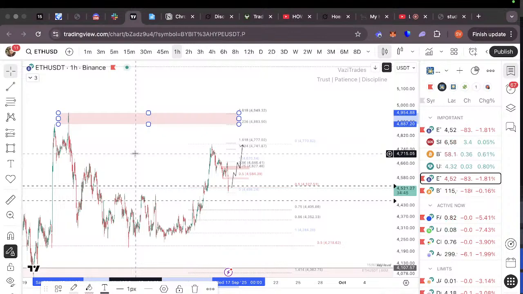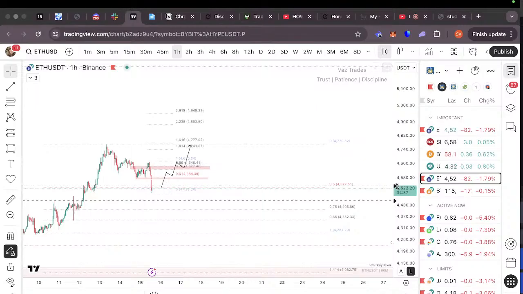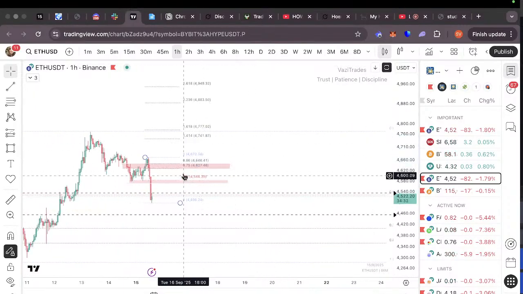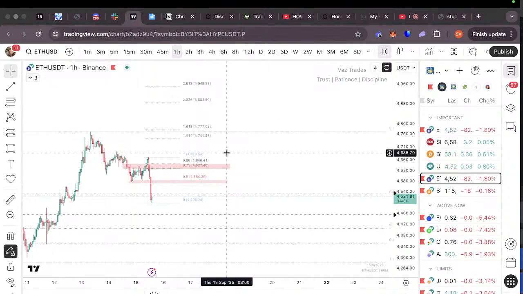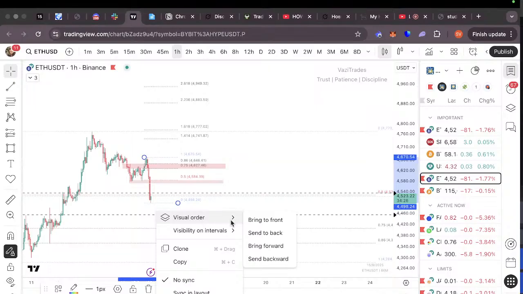It's around 4,883, 4,949. This can be the next strong resistance area to short. So this is how we can use Fibonacci for our levels to look to short, or where we can take profits in case you longed Ethereum from here.